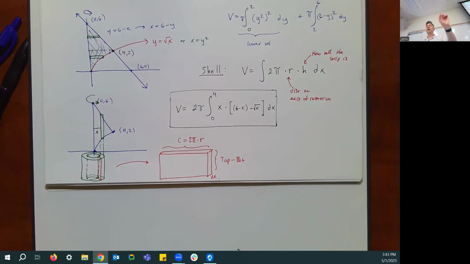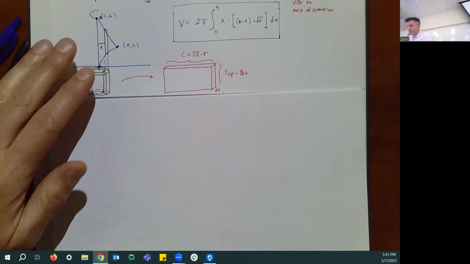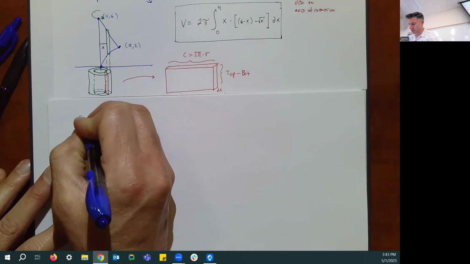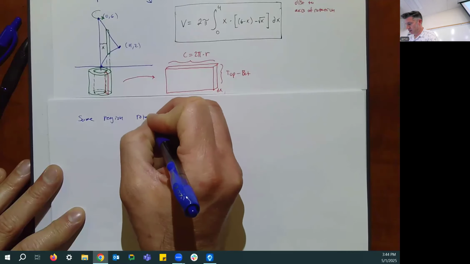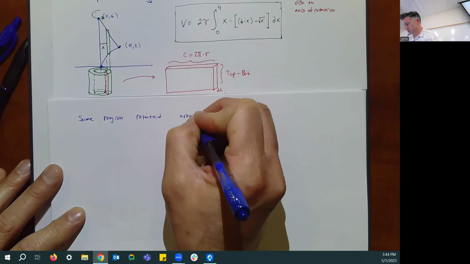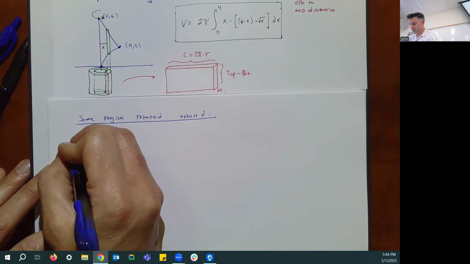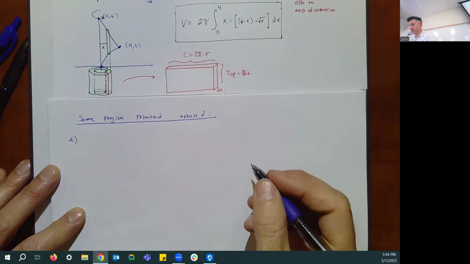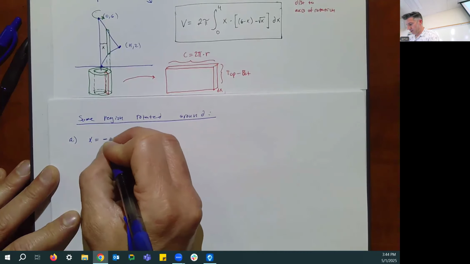So let me answer your question with an example. Let's say we wanted to do the same one, but now we wanted to rotate around, same region, rotated around, first we'll do x equal to -3.